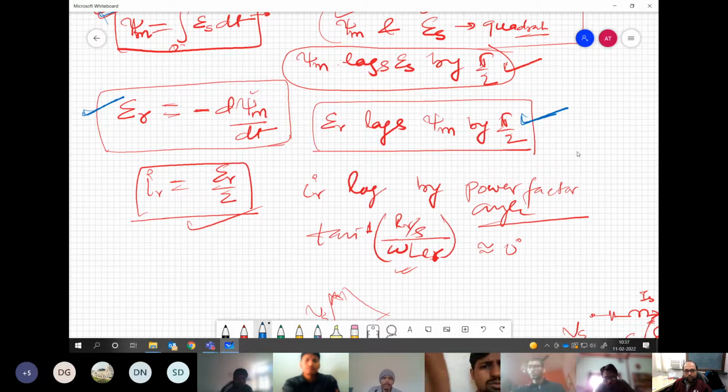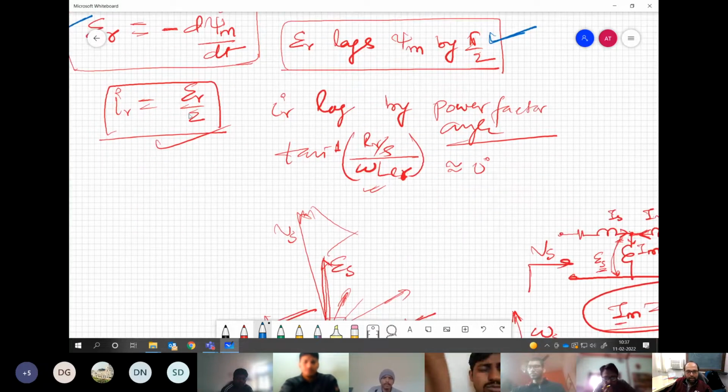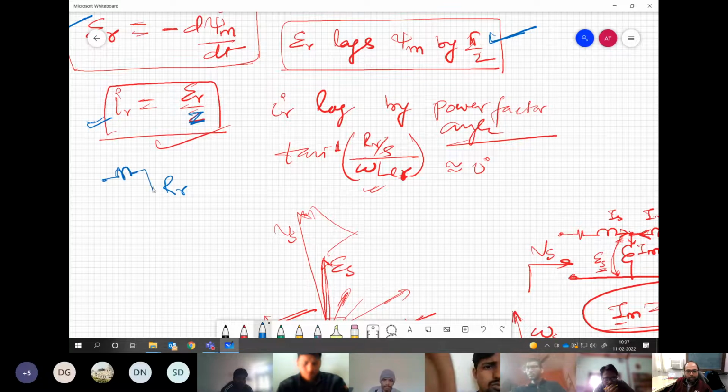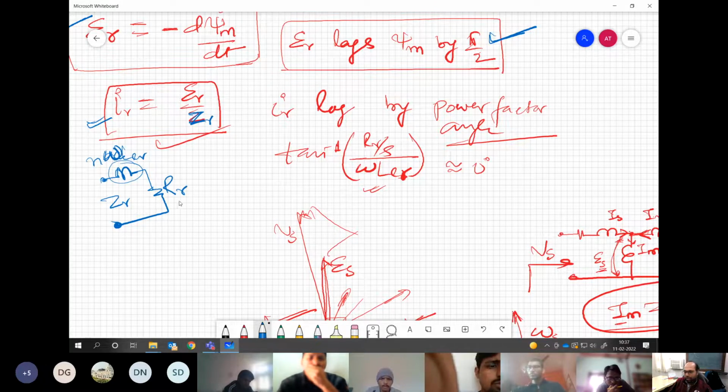Now, when we come to rotor current, we have written ER by Z for a general current. For harmonics, we have RR and LLR. This is our Z, let's say ZR. When you have the nth harmonic component, this becomes N omega LLR, and slip becomes 1. So this ZR is more or less equivalent to J N omega LLR.